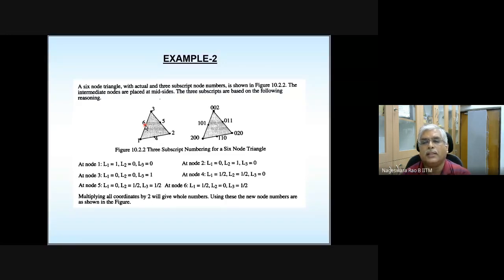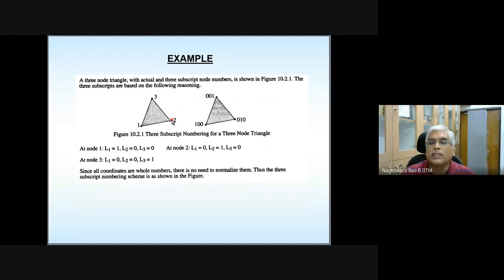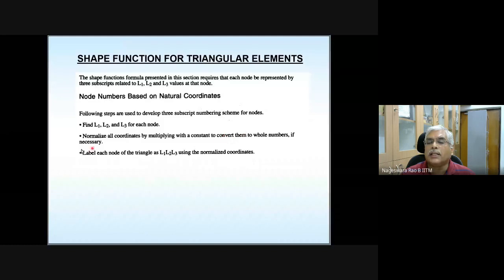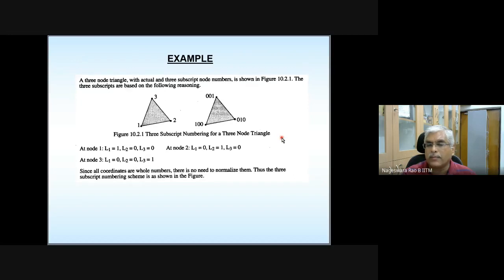Okay. So now, how do we get this number here? This is after normalization. If you see the procedure, normalization is there. Normalize all coordinates by multiplying with a constant to convert them into whole numbers, if required. That is done here.